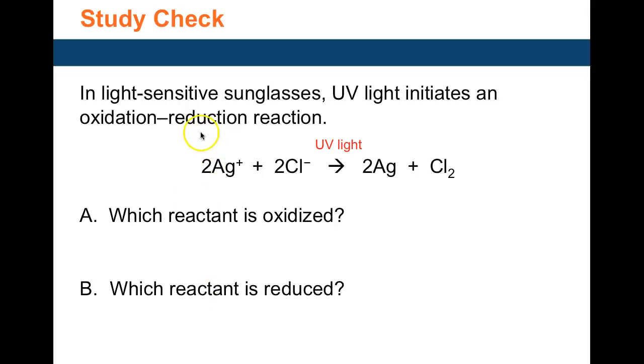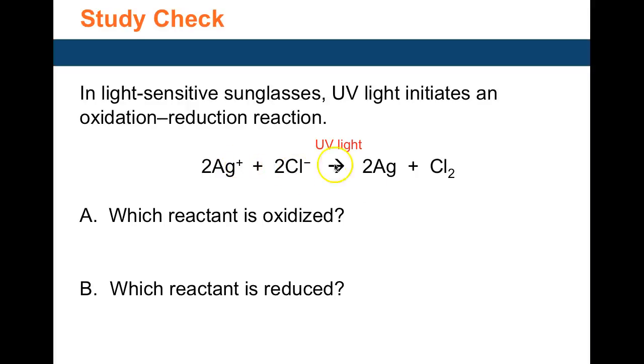So in this particular reaction, the UV light initiates this redox, or the oxidation reduction reaction, between silver and the chloride ion. So silver is +1, all right? So from +1, it has gone to 0, all right? Because you don't see any charge here. And then from negative, it has gone to 0, all right?